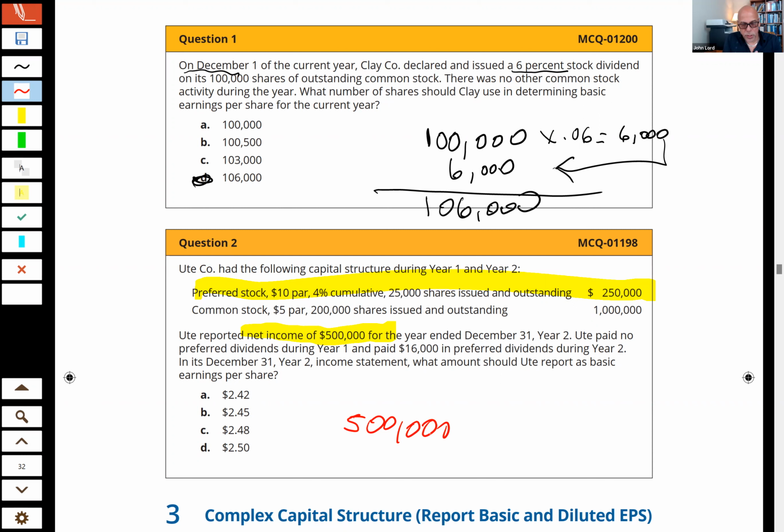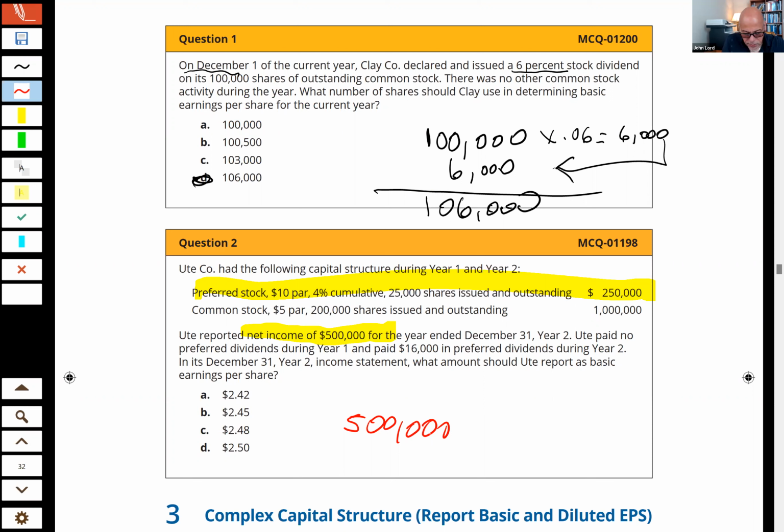And the rules were what? For the preferred dividends, if they're cumulative, I have to subtract them as preferred dividends, whether declared or not, whether paid or not. In fact, paid is completely irrelevant when it comes to the preferred dividends, period. Okay. It doesn't matter if they're declared, if it's cumulative.